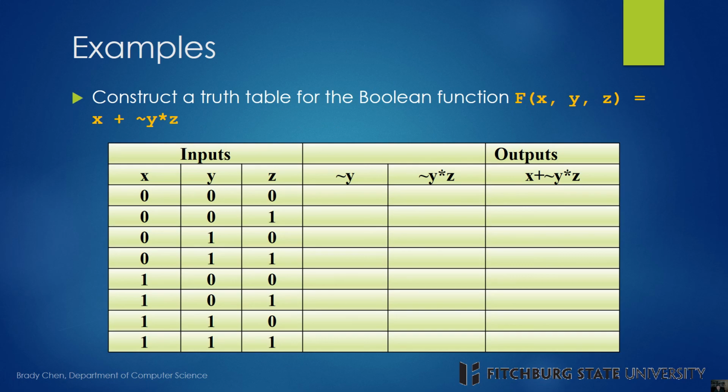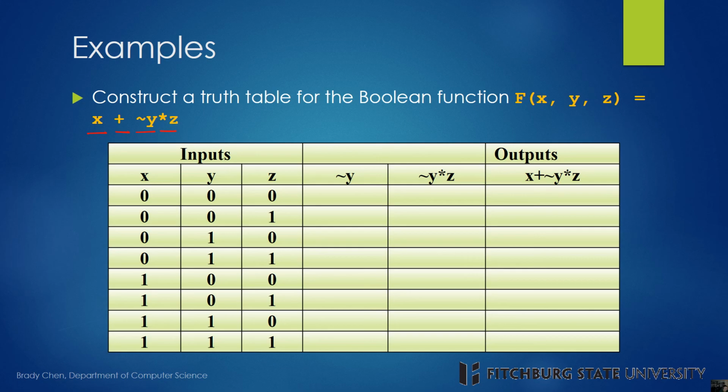So now let's take a look at the example. We have a Boolean expression, or we define this as a function. The expression says x or not y and z.